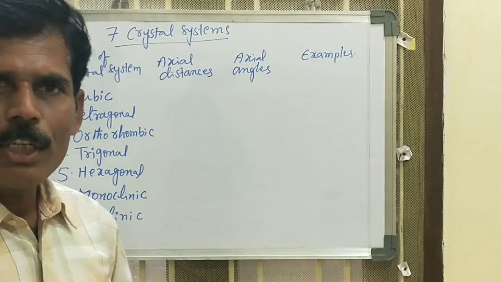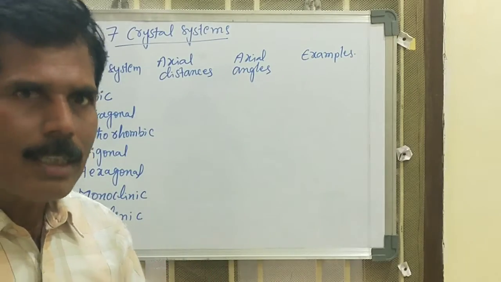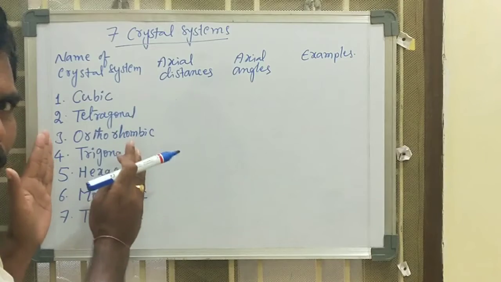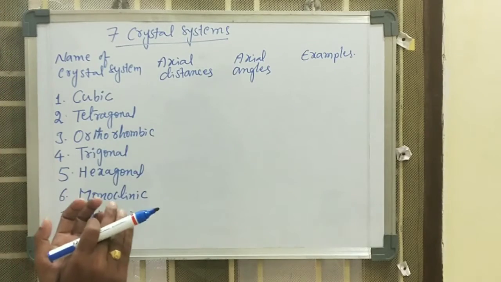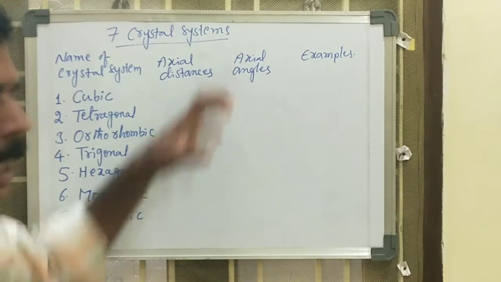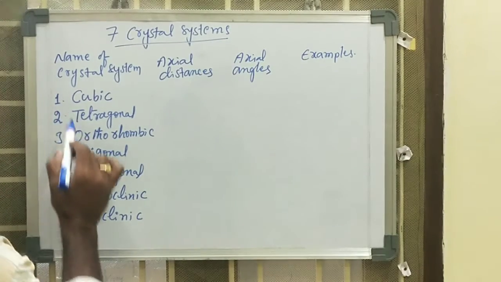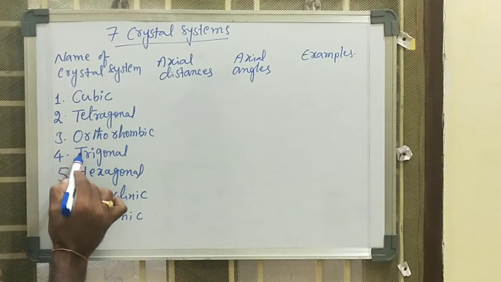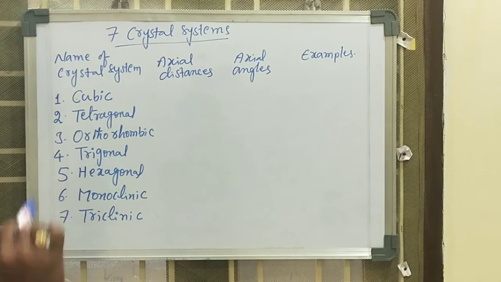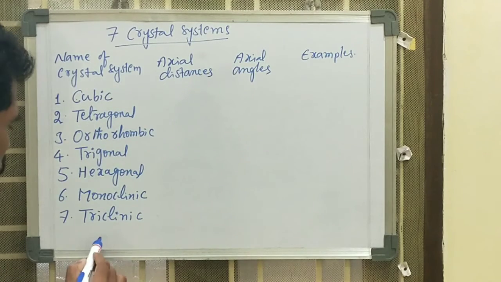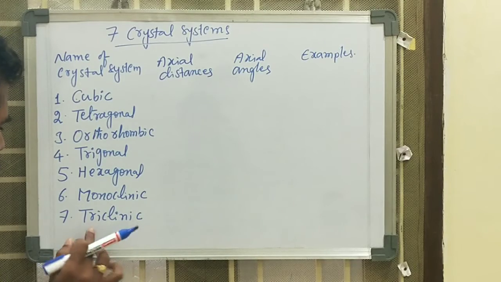Dear students, you have to learn this in order. There is a trick to remember this whole table for a long time to score good marks in various competitive exams: CT, OT, HMT.